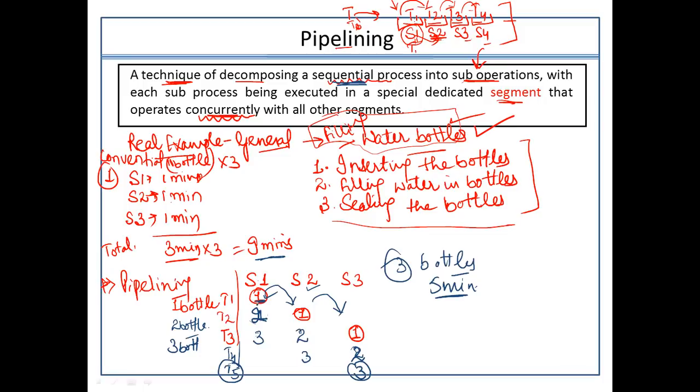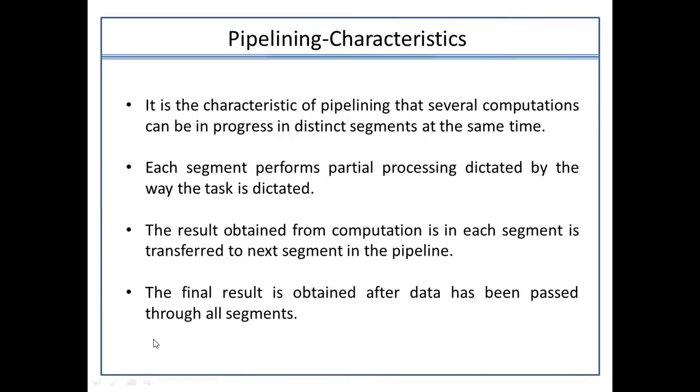Once the first segment is finished, we inject another bottle, or another product is introduced into that segment. So this is the sole purpose behind understanding the concept of pipelining. Basically, we are using it to reduce the excess time, to enhance the throughput rate of the machine.